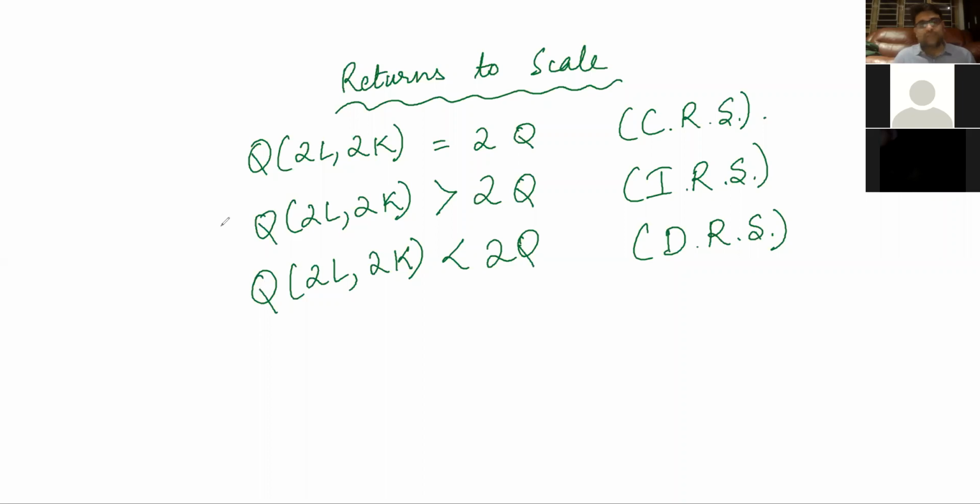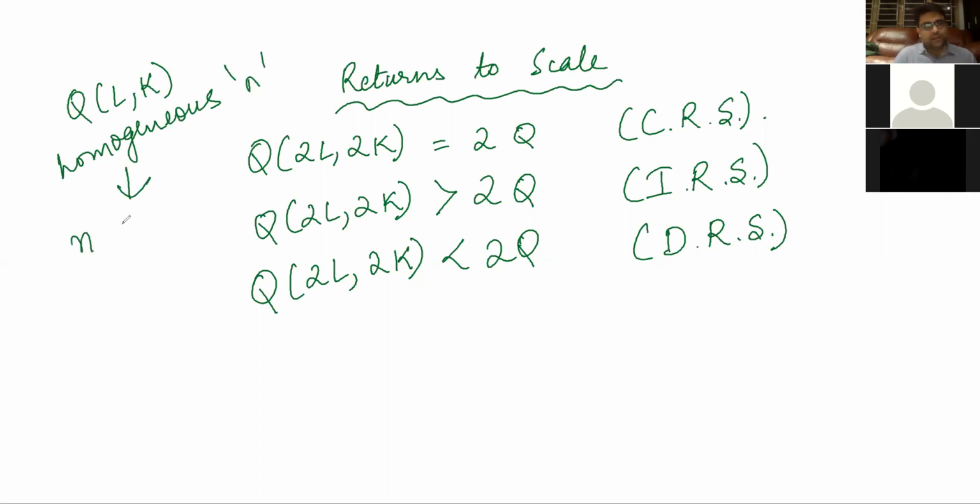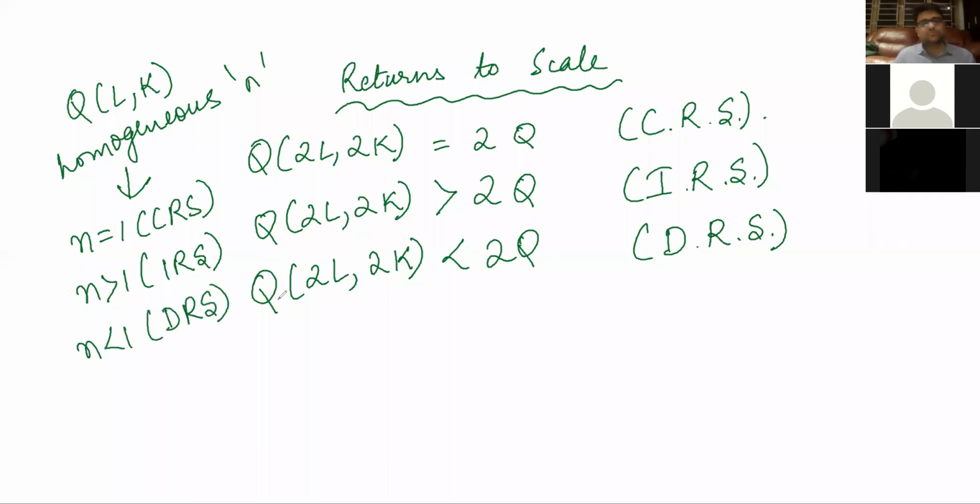So if I know that Q(L,K) is homogeneous of degree n, n equal to 1 will mean CRS, n greater than 1 will mean IRS, and n less than 1 will mean DRS, decreasing returns to scale.